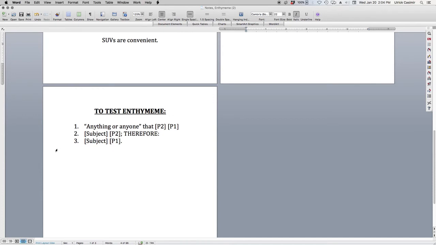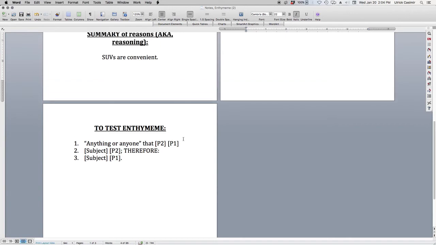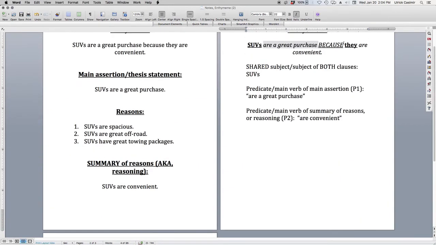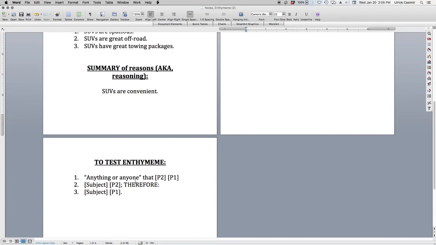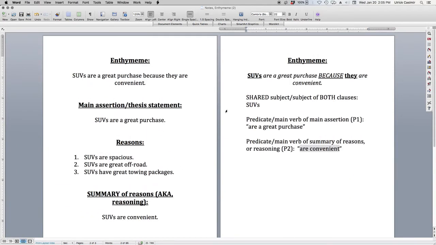Boom. The second sentence that follows is subject P2. SUVs are convenient. Subject, which is SUVs, and P2, which is are convenient. SUVs are convenient. Therefore, subject P1.